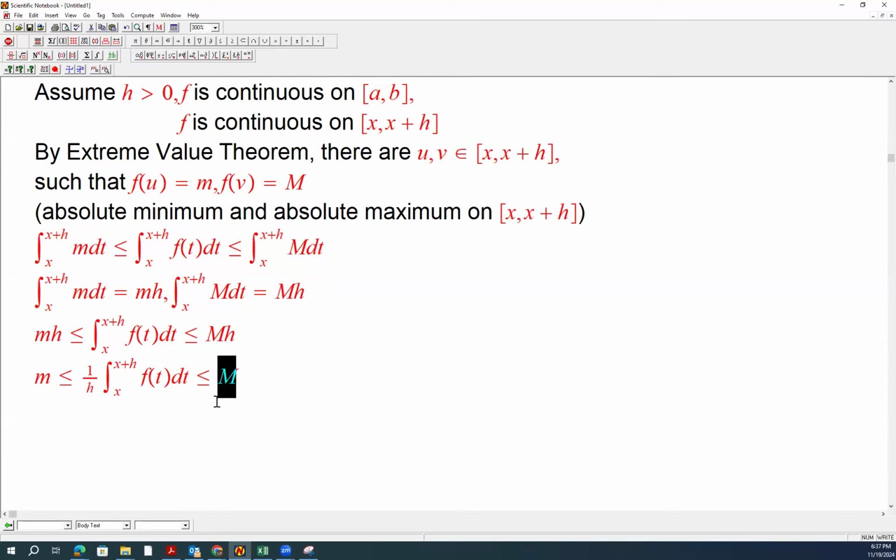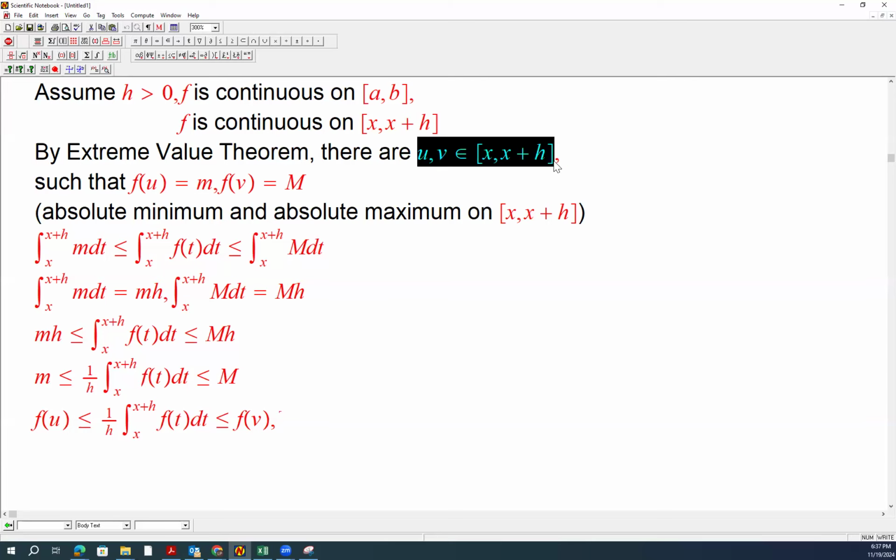In other words, we substitute lowercase m by f of u, and capital M by f of v, and also remember u and v are inside that interval.